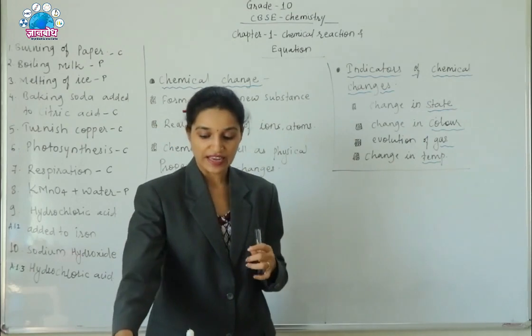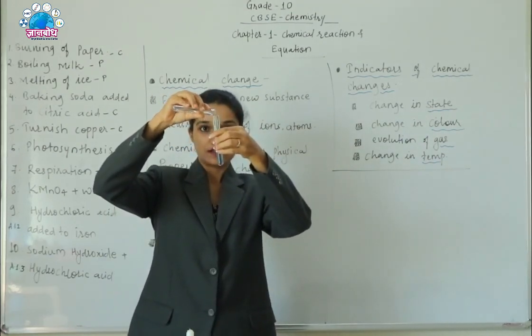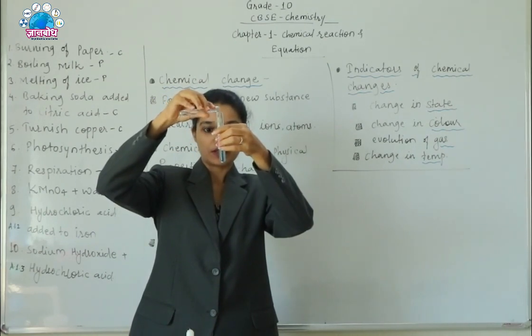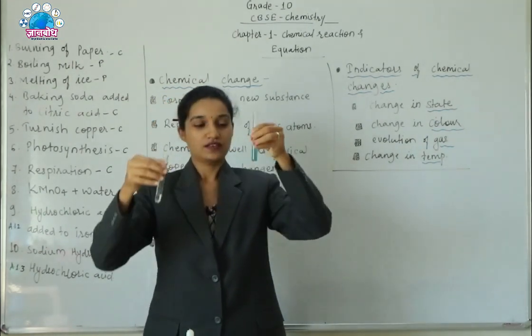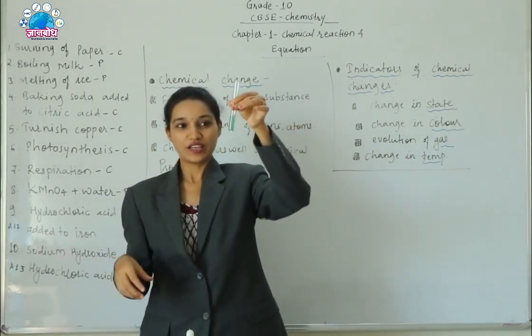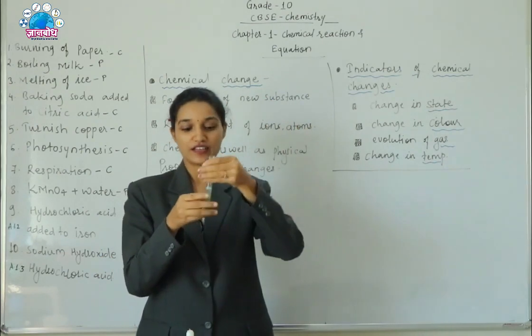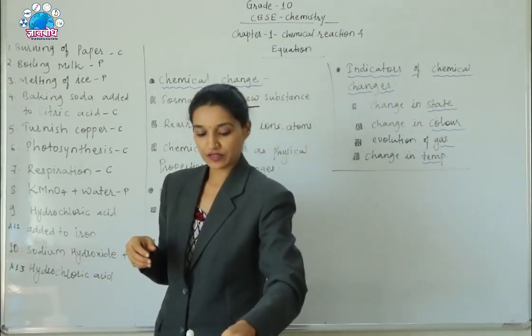And when I add HCl to this, the color disappears. See, something is changing, you can understand what I am trying to show you. It will disappear after some time.